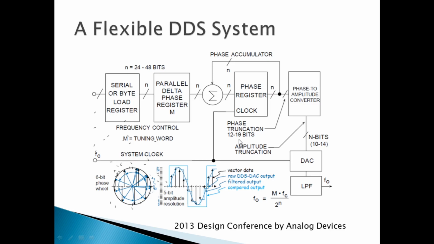Then the phase to amplitude converter will give rise to a sinusoidal kind of response, which is then further given to the DAC. Then the DAC output is given to the low pass filter, and that is the reconstruction filter, and then further to the limiter, to generate the clock signal.